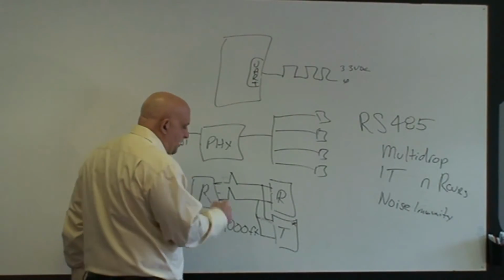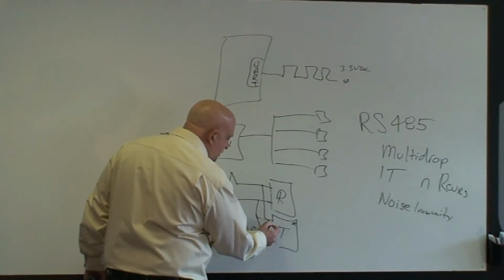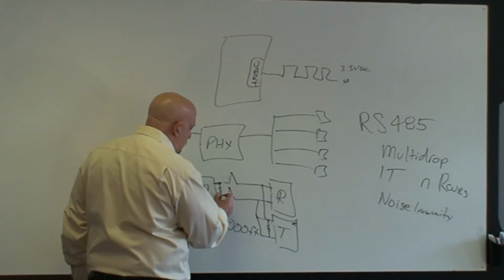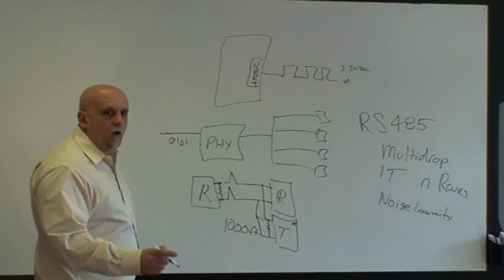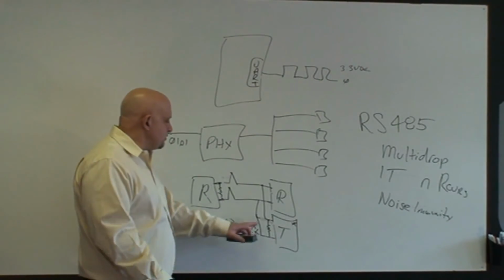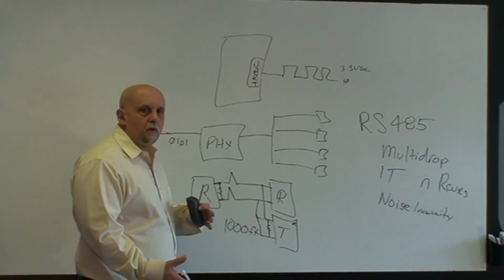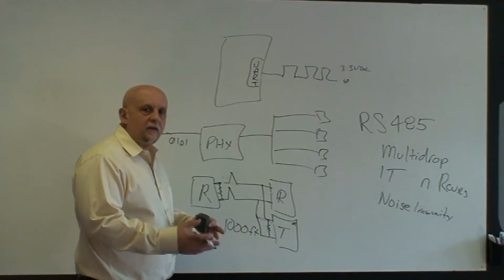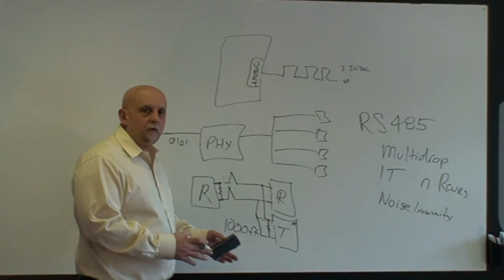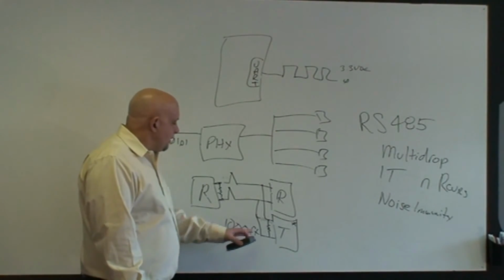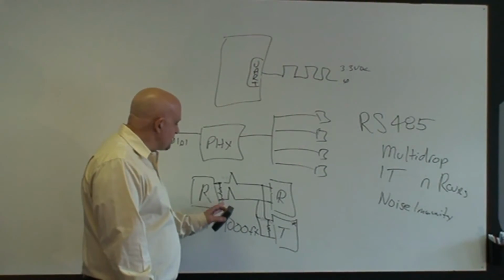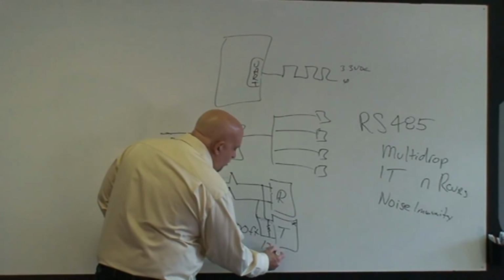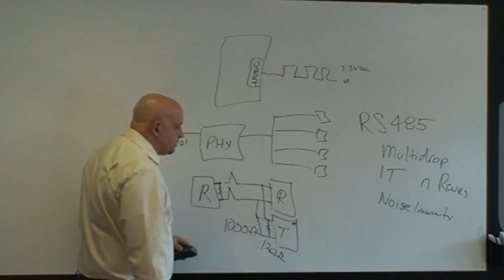To get around that, you put termination resistors at both ends of the network. Never in the middle, always at the ends. The termination resistors essentially eat up that excess and stop the bits from being echoed. So there's no more echo and it works right. This is typically 120 ohms on each end.